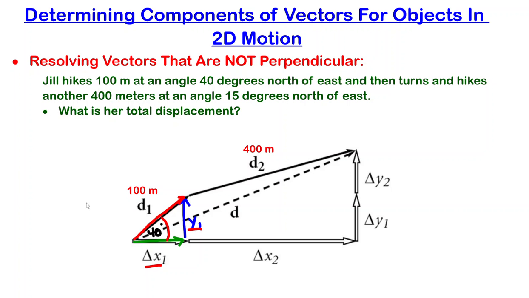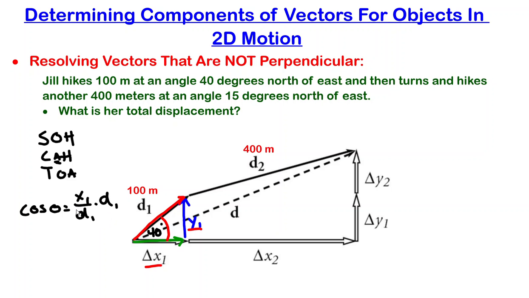So x1, let's see, x1 is adjacent, right? So we'll just write them all. SOH CAH TOA. So if we want adjacent, we are going to use cosine. So we'll write this as cosine of theta is equal to adjacent, so that's x1 over displacement 1, right? And then we can use algebra.